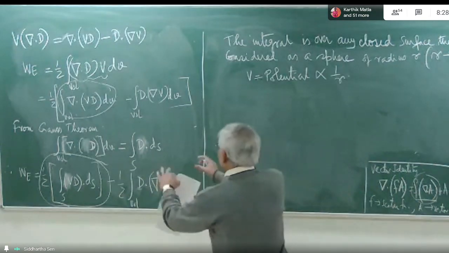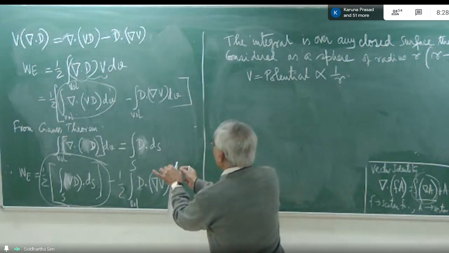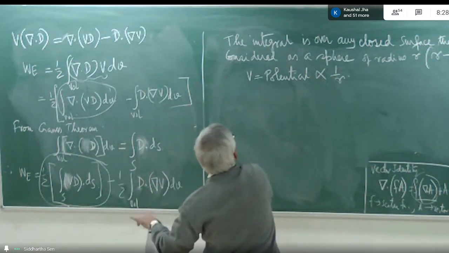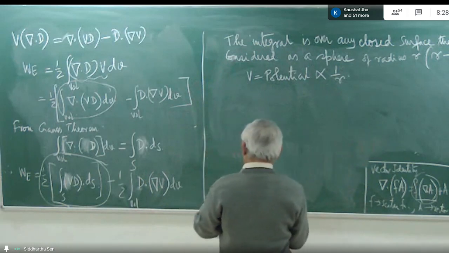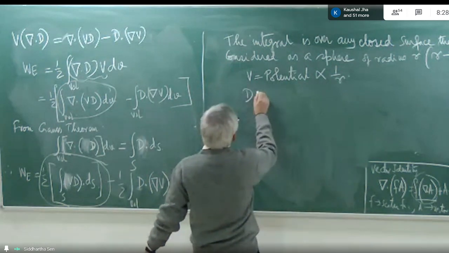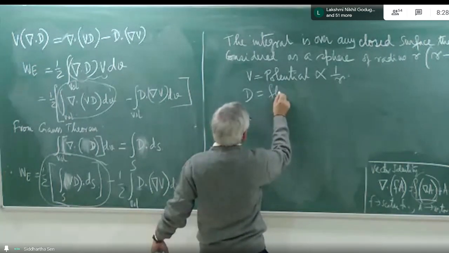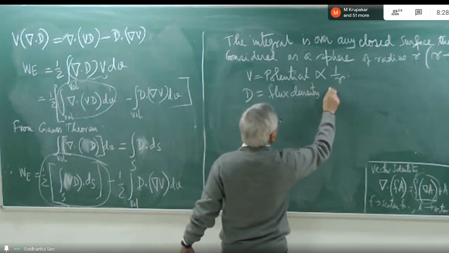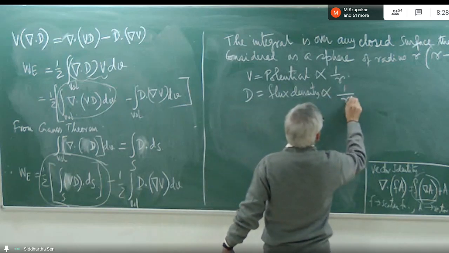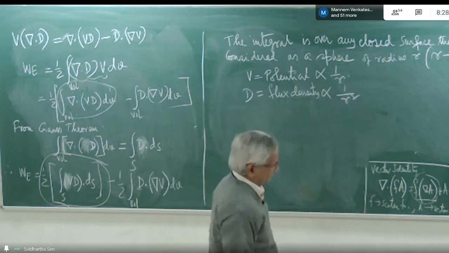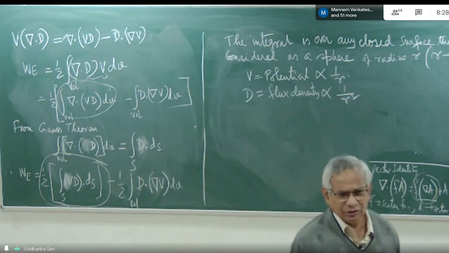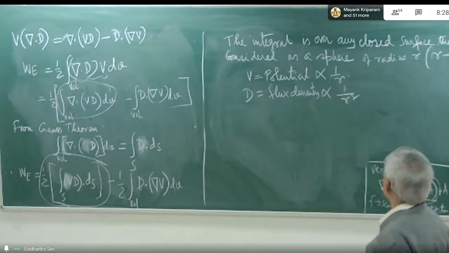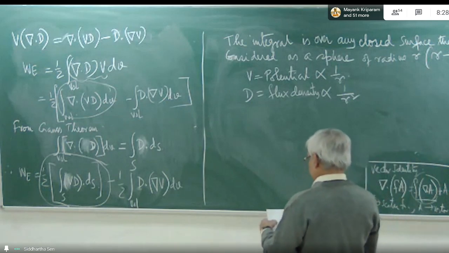Similarly, the region of interest, I can say a point charge, but I am doing it over a very large area. And D is the flux density or charge density, and it is 1 by r square, because it is total charge divided by 4 pi r square. So this is proportional to 1 by r square.